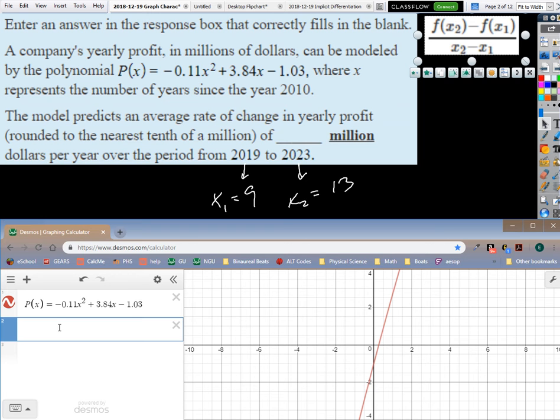So we're going to make that expression. We're going to say the quantity P of X2, you told me, was 13. So P of 13 minus P of 9, that's my starting value, right?